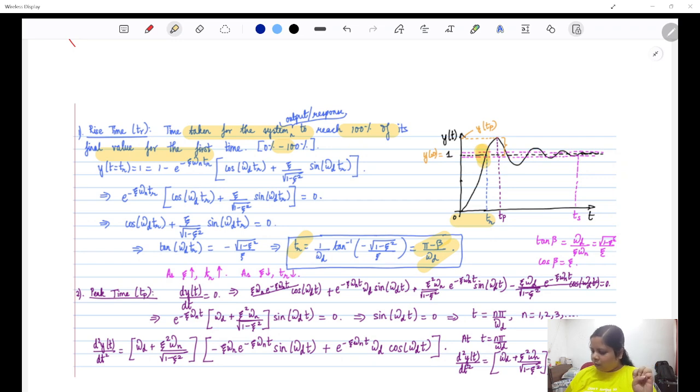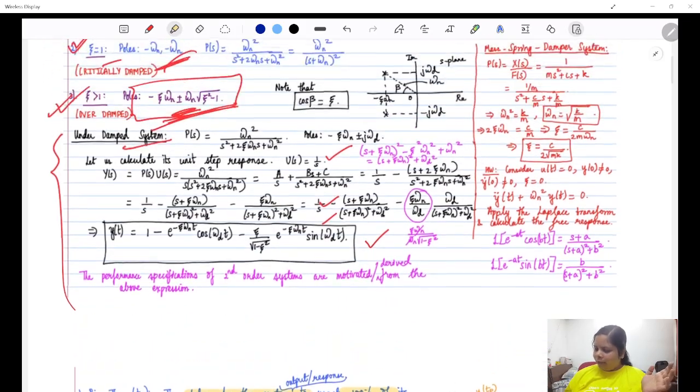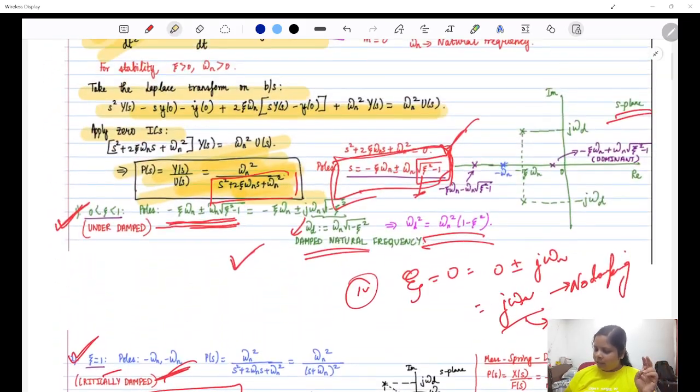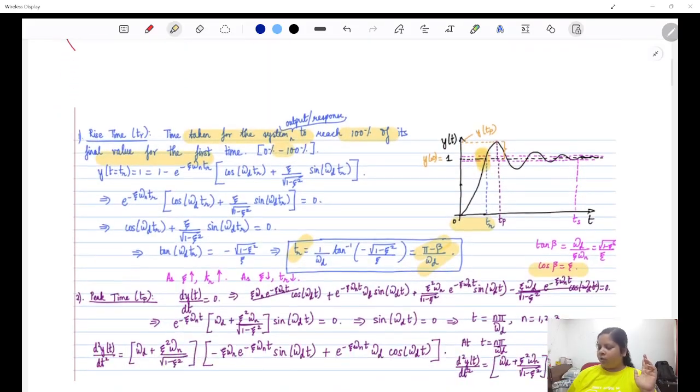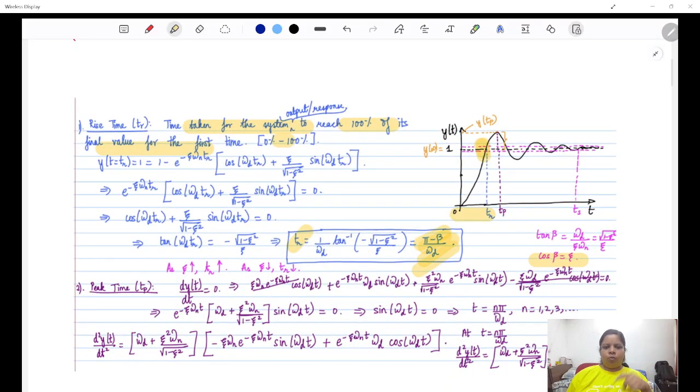Okay. So we have already seen, what is beta over here? Beta is cos inverse zeta. From here you can find it. And what was omega d? That we had already seen. It was omega n under root 1 minus zeta square. So I would request you to memorize this, because each time you won't be able to derive it and then put the values over there.